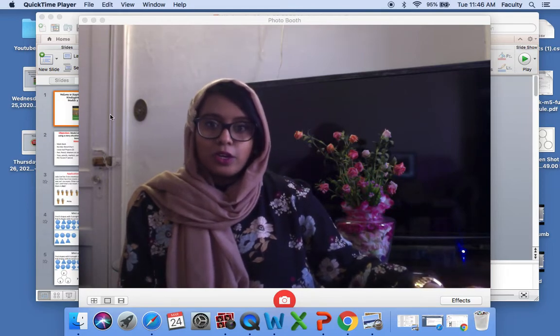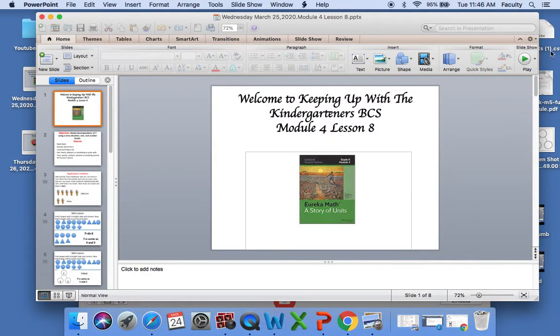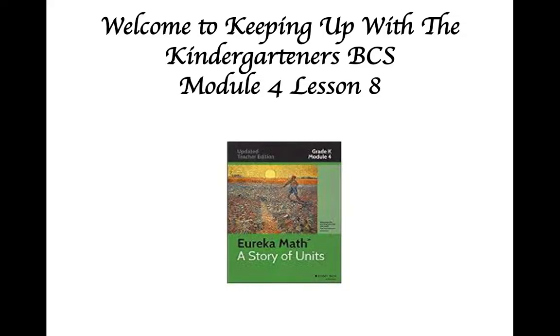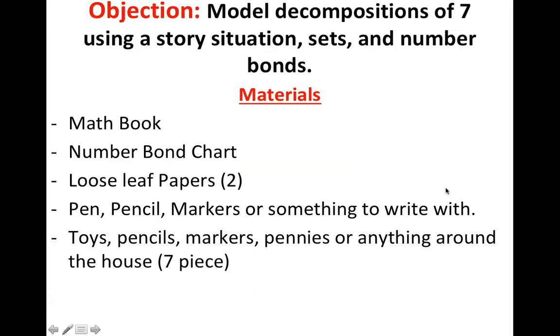So let's get started with our math lesson. Today we are doing Module 4, Lesson 8. Our objective of the lesson is make 7 using math stories and number bonds.